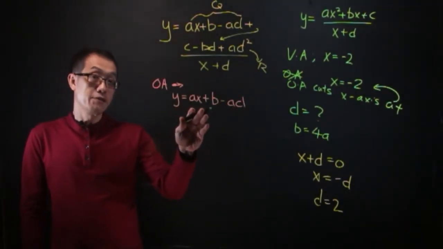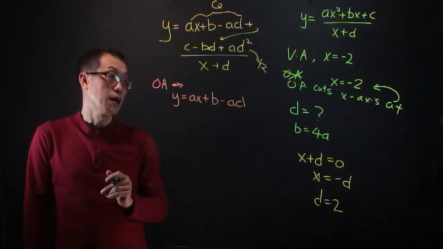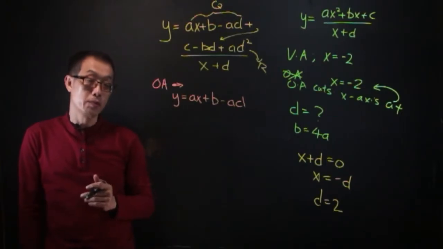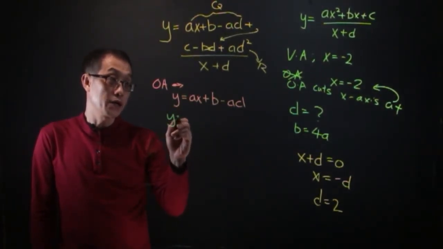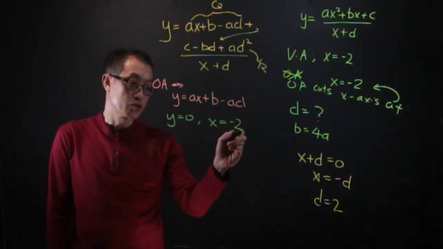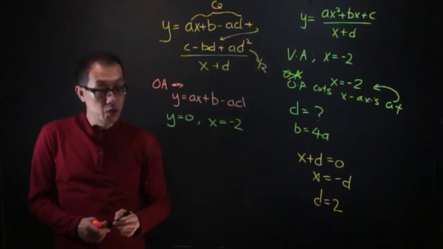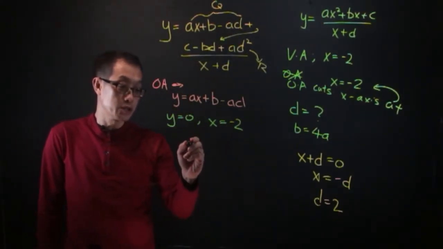It is given that the oblique asymptote cuts the x-axis at x equals minus 2. That means for this equation, y equals 0 when x equals minus 2. So we substitute x equals minus 2 into this equation.